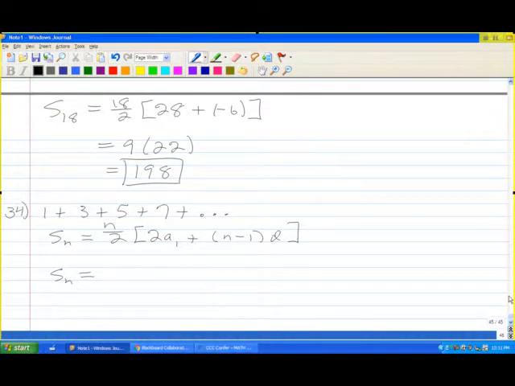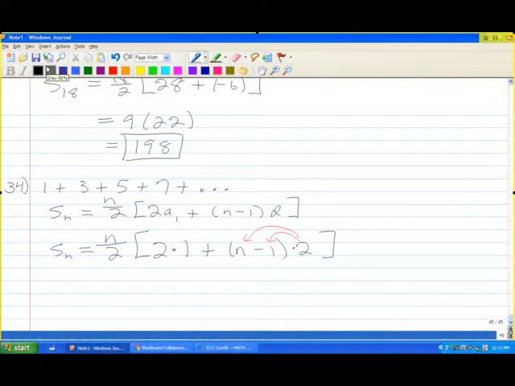Well, the first term is 1. The common difference is, well, I'm always adding 2 to get to the next term. Let me multiply 2 inside the parentheses. Two times 1 is 2. 2 times n is 2n. 2 times 1 is 2. The 2's cancel.